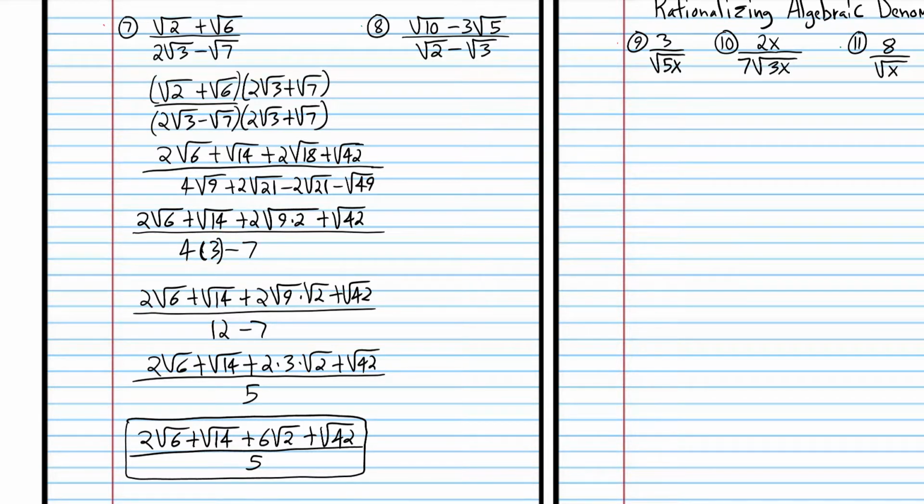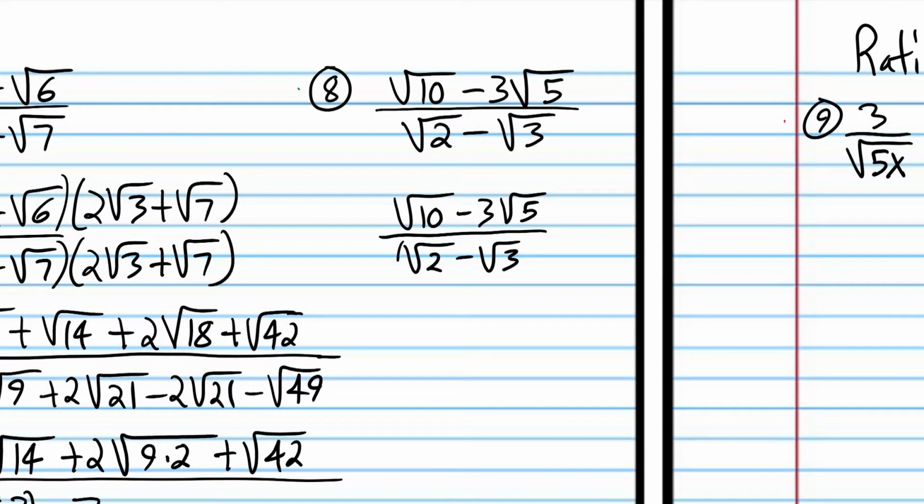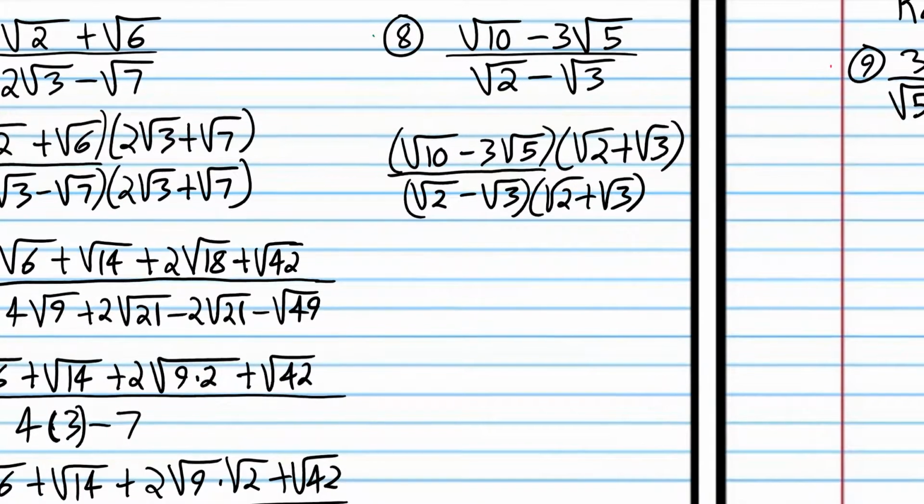As usual, we're going to rewrite and multiply both sides by root 2 plus root 3. And so we have root 20 plus root 30 minus 3 root 10 minus 3 root 15.